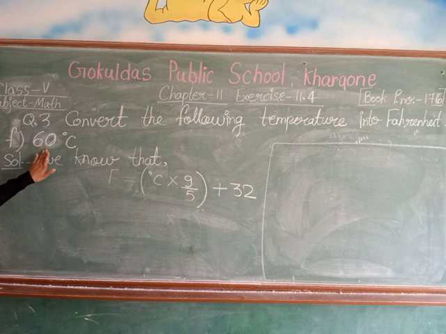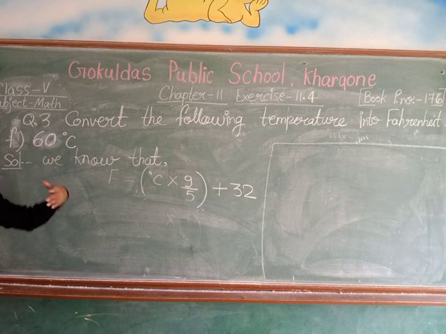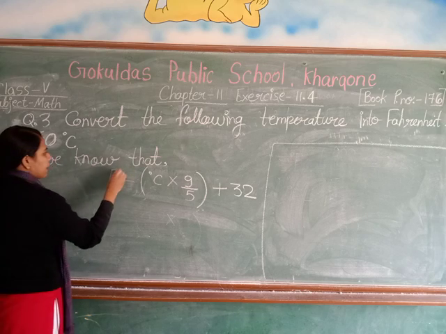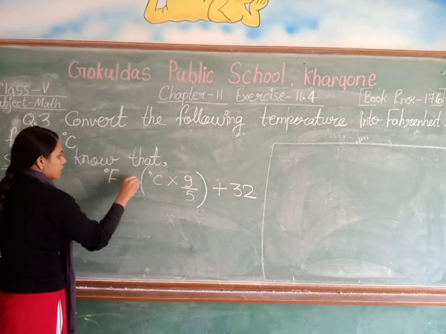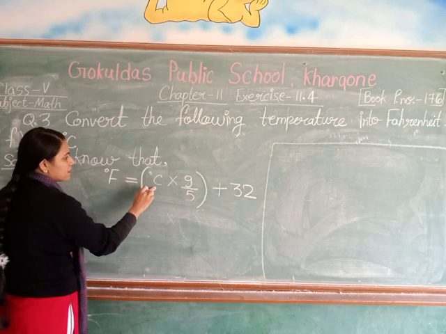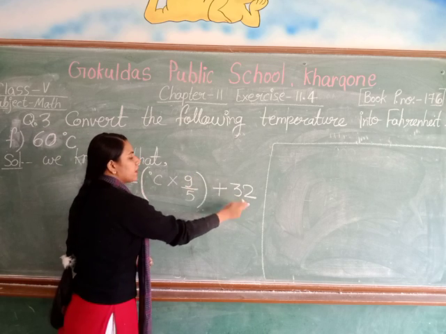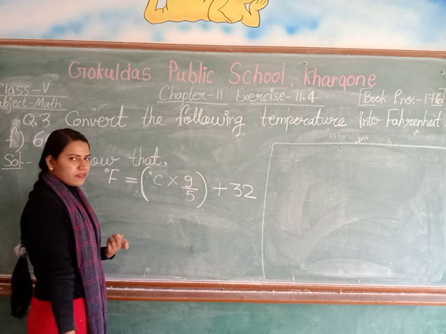Right? What is our task? Our task is to convert this 60 degree centigrade into Fahrenheit scale. So, solution: we know that degree F is equal to bracket open degree C multiplied by 9 upon 5 bracket close plus 32. We have written the formula.